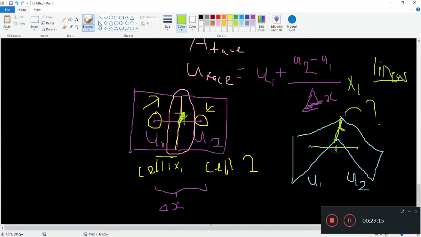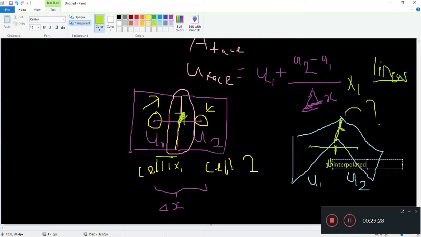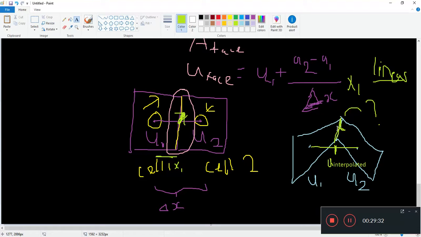So what you're actually interpolating is the velocity here. This is U interpolated, but the U face is not equal to the U interpolated. Let me circle that so that it's less confusing. U interpolated is not equal to the U face, and this is one source where the error can start propagating out of control like crazy.